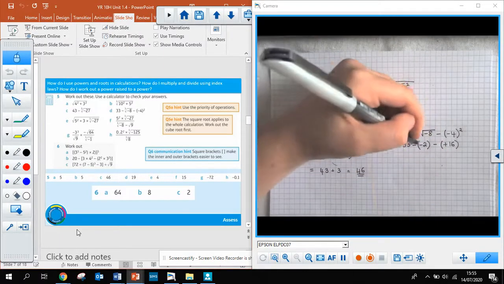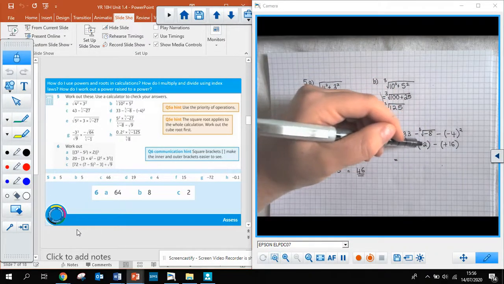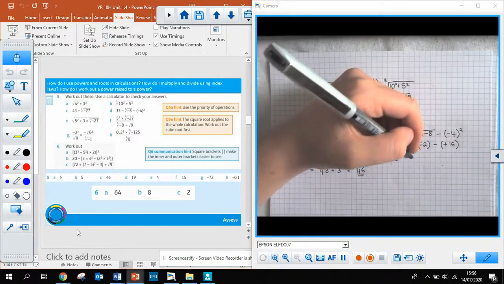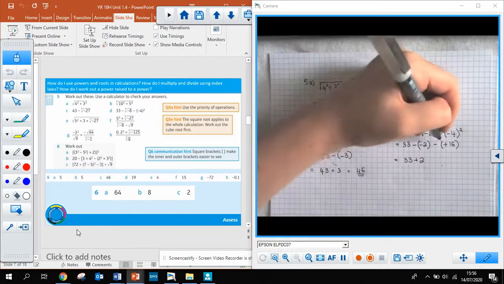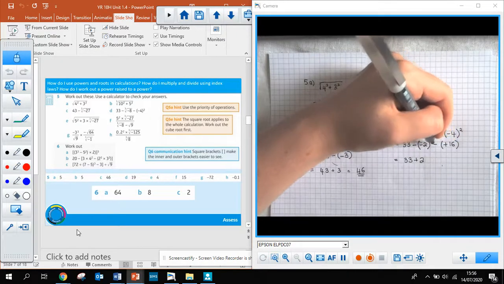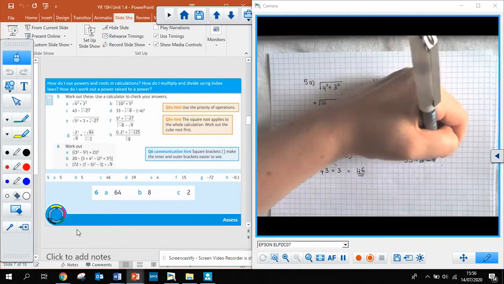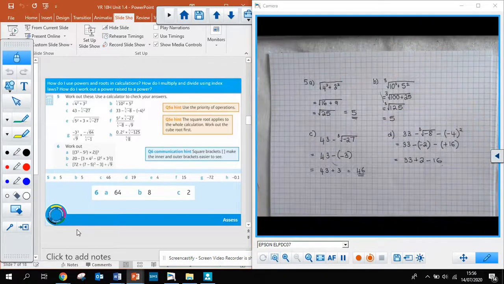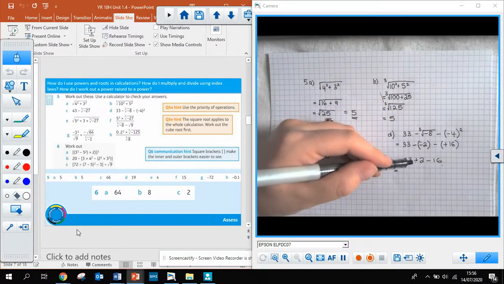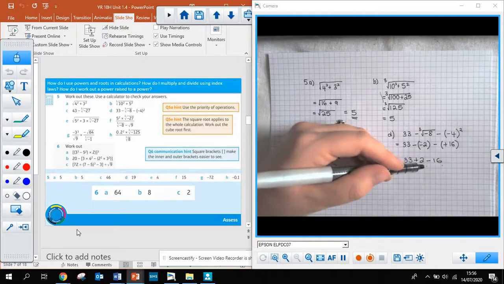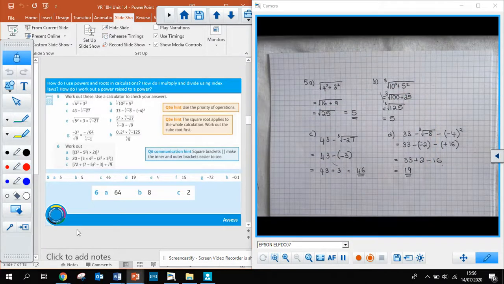I've left those there so I consider my signs. 33 minus minus 2 becomes 33 plus 2, because a minus and a minus make a plus, minus positive 16, a minus and a positive make a negative, so minus 16. So what I'm actually doing is 33, add 2, which is 35, subtract 16, which is 19. Okay? And that's your answer there.